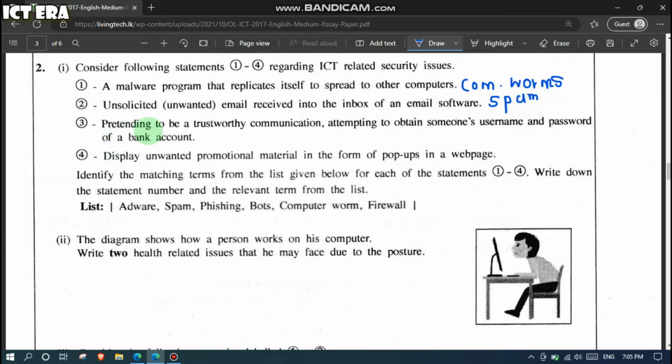Pretending to be a trustworthy communication, attempting to obtain someone's username and password of a bank account. Phishing. They pretend to be trustworthy but actually they are not. Then fourth one, displaying unwanted promotional materials in the form of pop-ups in a web page. That means promotional materials means advertisements, adware. So these are the answers.